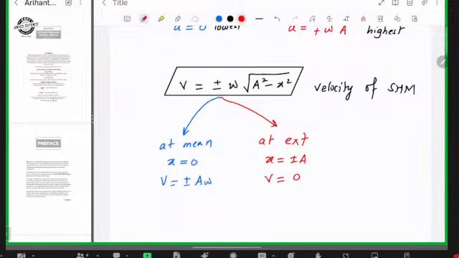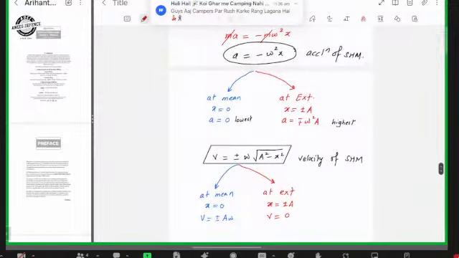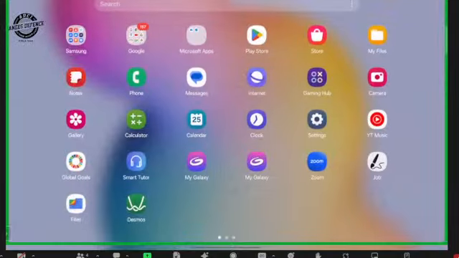It is clear that when the particle vibrates about its mean position, at both the extremities the particle will be momentarily stopped. If you don't understand, I will show you one animation.